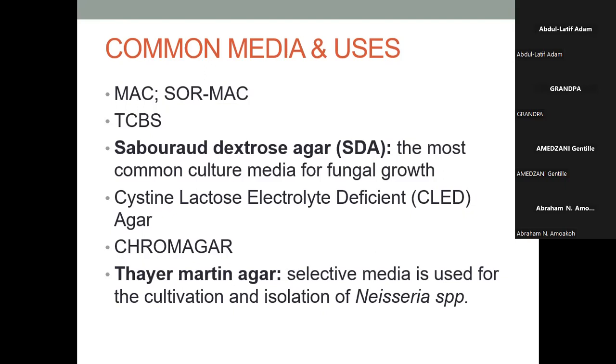Because they are non-sorbitol fermenters, they will behave like non-lactose fermenters on the Sorbitol MacConkey, because it doesn't have lactose. The lactose is replaced by sorbitol, and E. coli O157 cannot ferment sorbitol. Therefore it will be pale and colorless on the Sorbitol MacConkey agar. As simple as that. I hope with this explanation, no question on this can beat you.